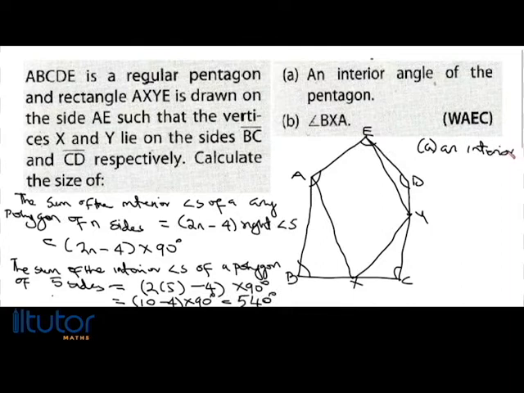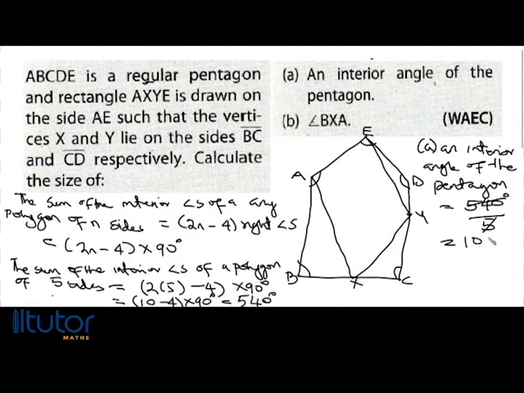So an interior angle of the pentagon will be the sum divided by the number of angles. Okay, so 5 going into 540 will give you 108 degrees. So that is our answer for A.